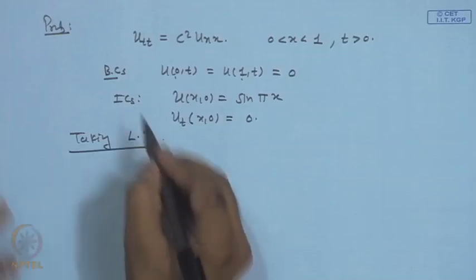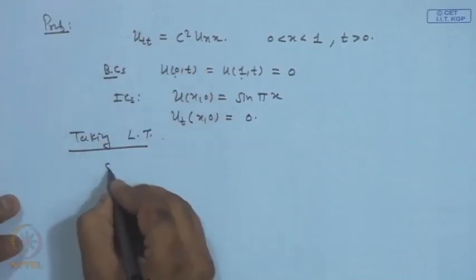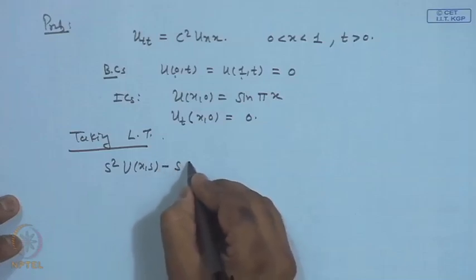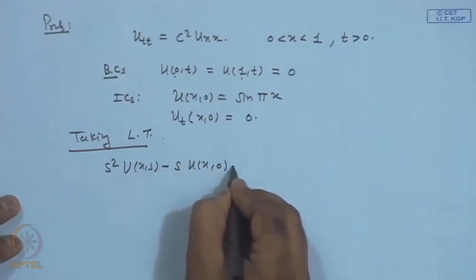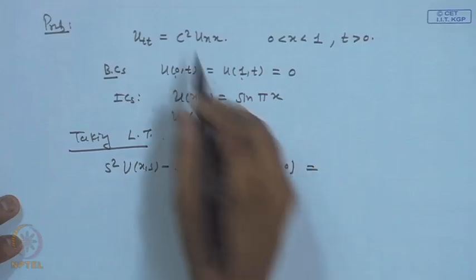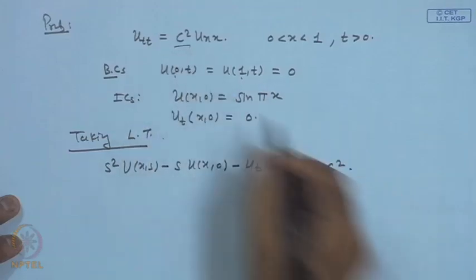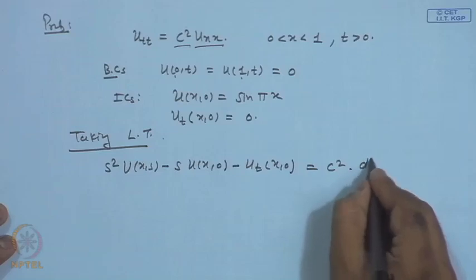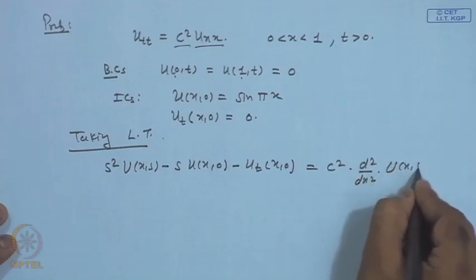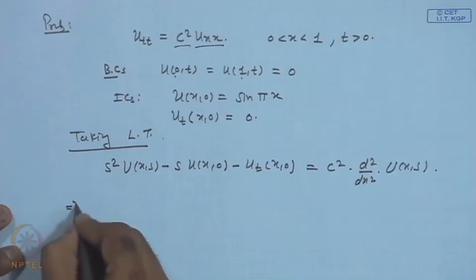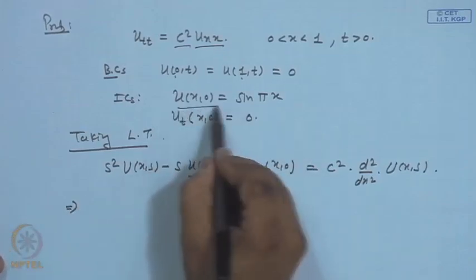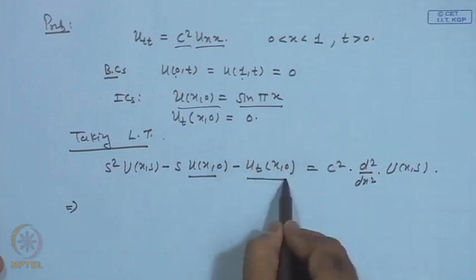Taking the Laplace transform of the equation, we will get s square U(x,s) minus s u(x,0) minus u_t(x,0) is equal to c square times the Laplace of u_xx, d2 over dx square of U(x,s). So u(x,0) is sin pi x and u_t(x,0) is 0.